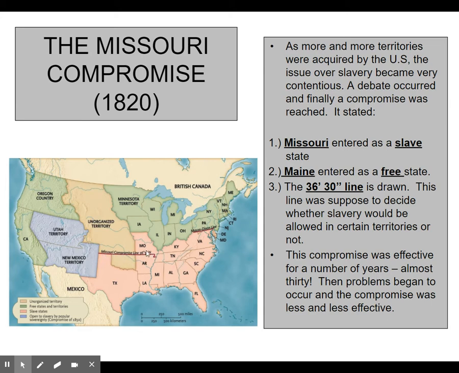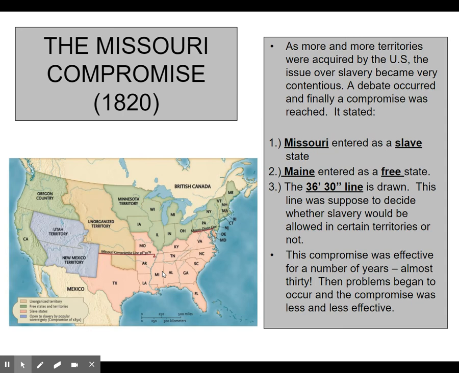This line was supposed to decide whether slavery would be allowed in certain territories or not. So in future decisions, anything north of the line would be free states, and below would be slave states. This compromise pleased both the North and the South well enough that it worked for a time. The Missouri Compromise was successful.